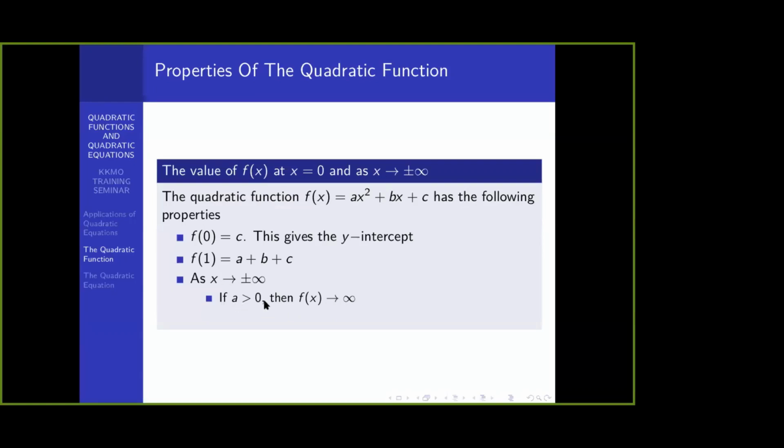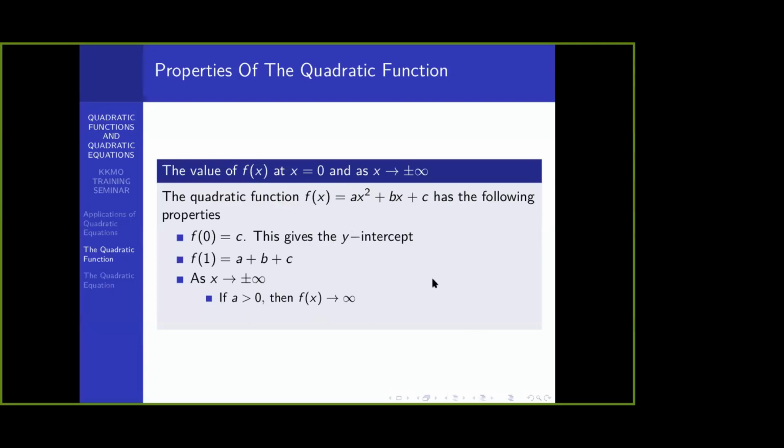It doesn't matter which direction you go, because this first term will be positive. If you square any number, it will be positive. So this term will always be positive. And as x increases in magnitude, whether negative or positive, this term overall increases. So as you go to the left, the function increases upwards. As you go to the right, the function increases.